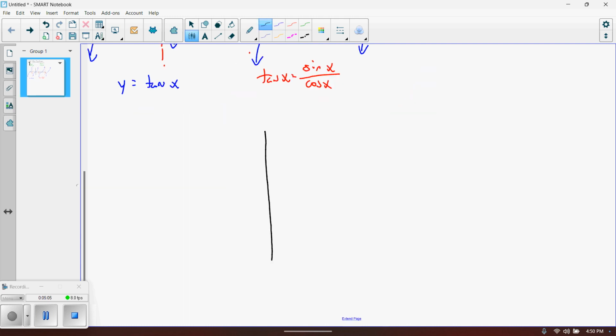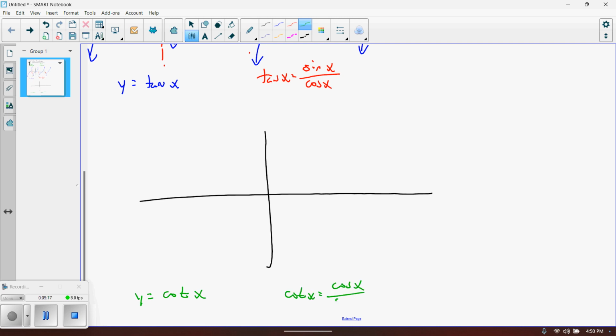So a cotangent graph, y equals cotangent of x. And again, remember that cotangent is the same thing as cosine over sine. So wherever sine of x is going to be 0, you will have a vertical asymptote. Well, sine of x is 0 at 0, pi, 2 pi, and so on.